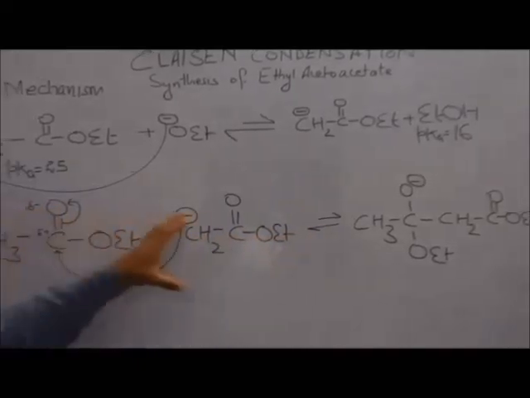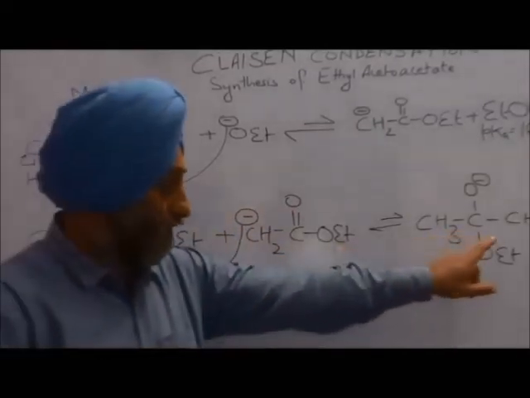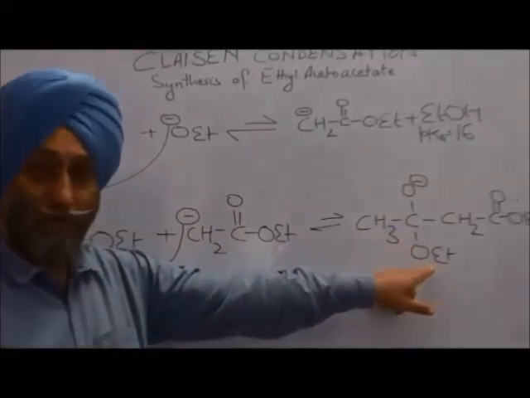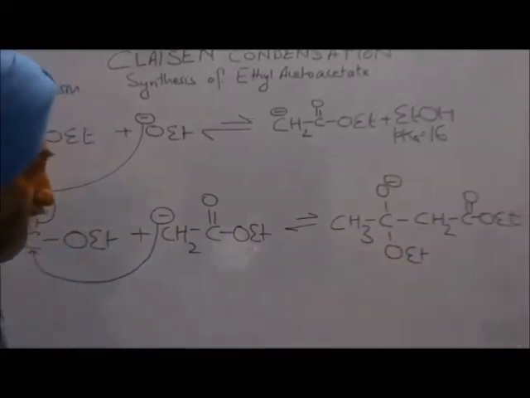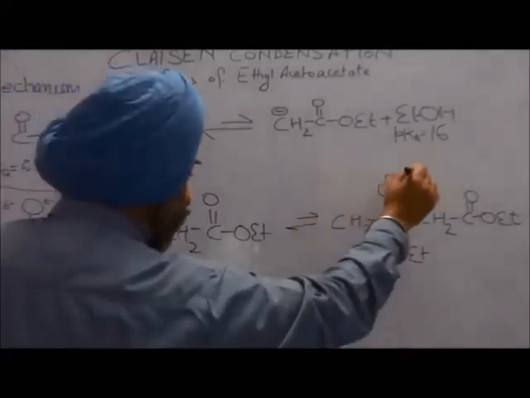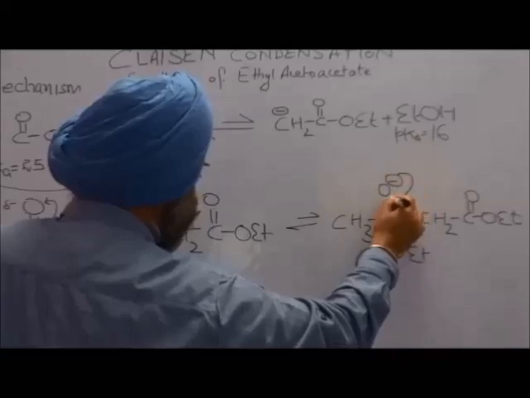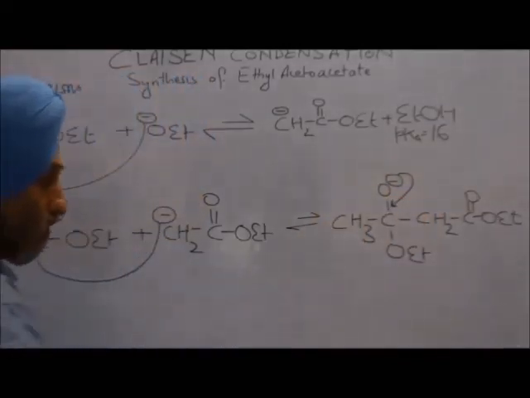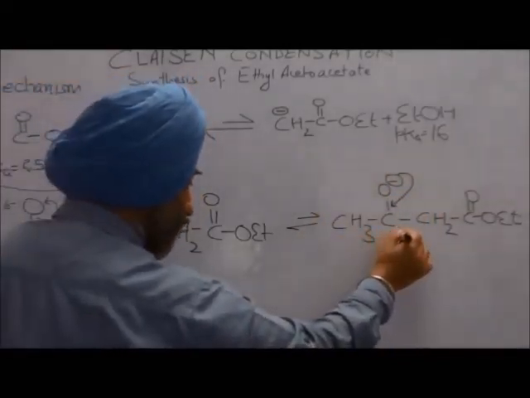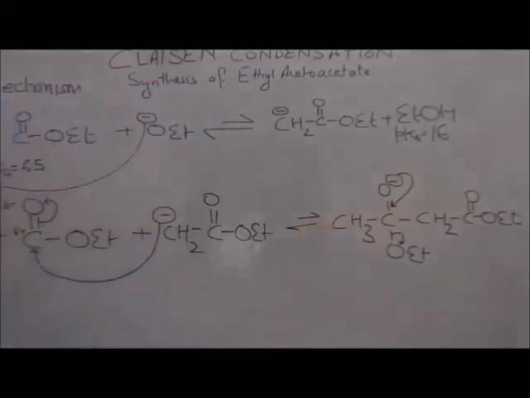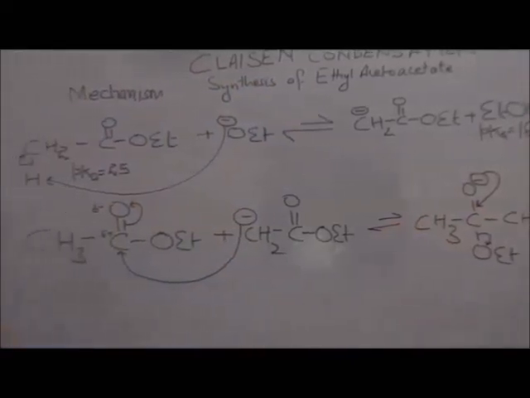The formation of this product also results in elimination of ethoxide ion. So we can write it: this negative charge will restore the C double bond O and expel ethoxide ion. So what do we get?